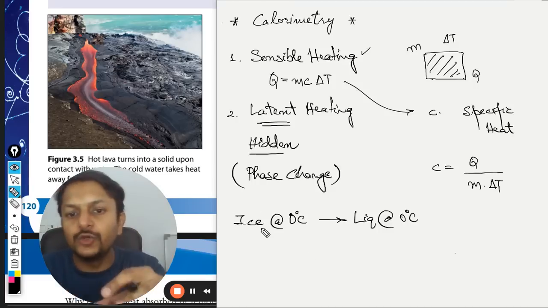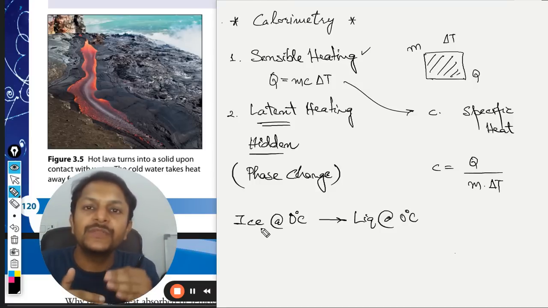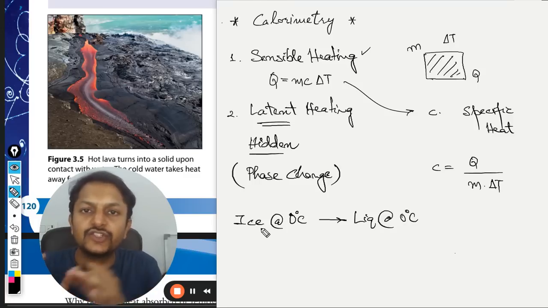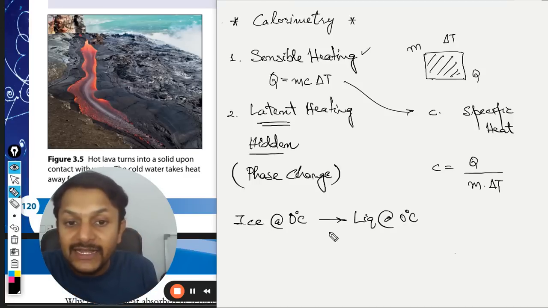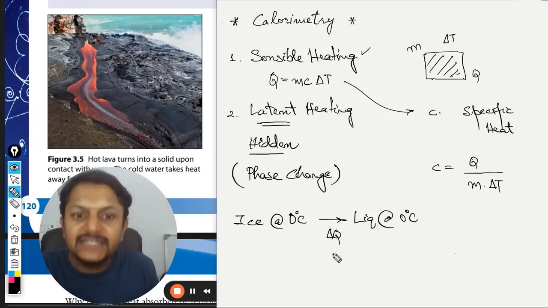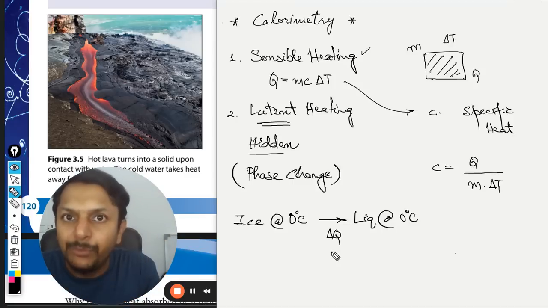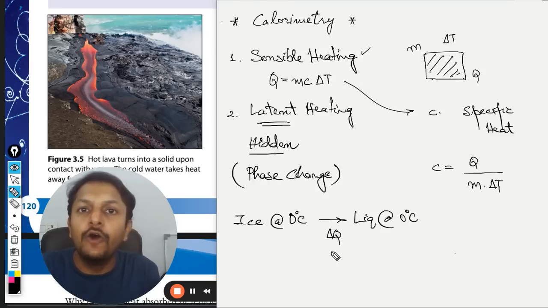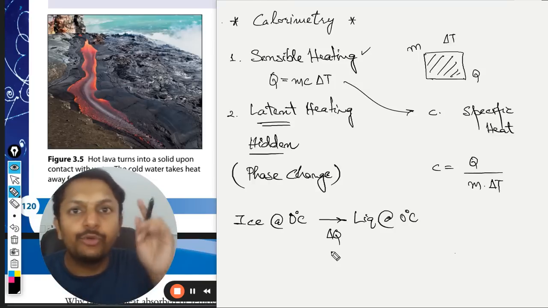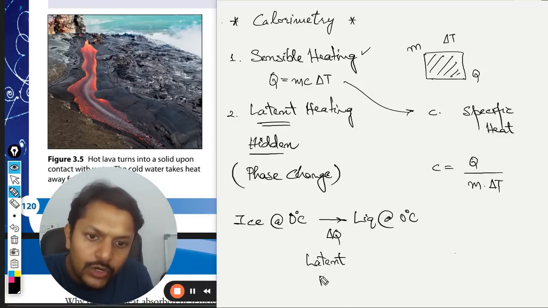You have given some heat to it so that the structure breaks and the molecules become relatively free to move, and hence the solid is converted into liquid. So you are indeed heating it, no doubt about it. But this heat is used not to increase the temperature or the kinetic energy, but to break the bonds, which clearly means that you are now changing the potential energy. So in latent heat, only potential energy is increasing, the kinetic energy is not changing.